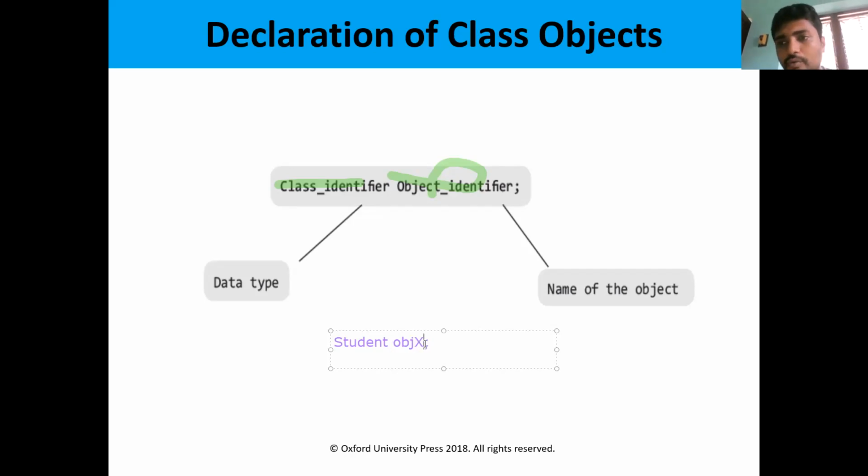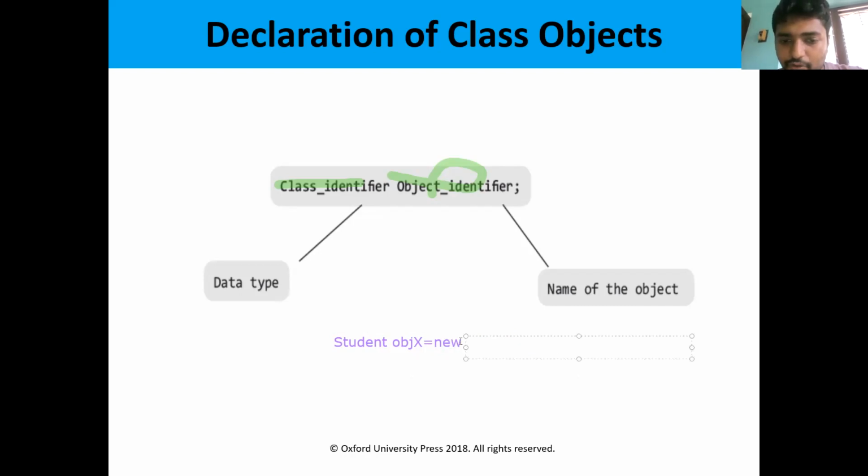To make the memory, objx means we are going to access either variables or methods. That means we need some memory. The memory is created by using the new operator: objx is equal to new student. Without new also, the object will be created, but while compiling, a compilation error will come.